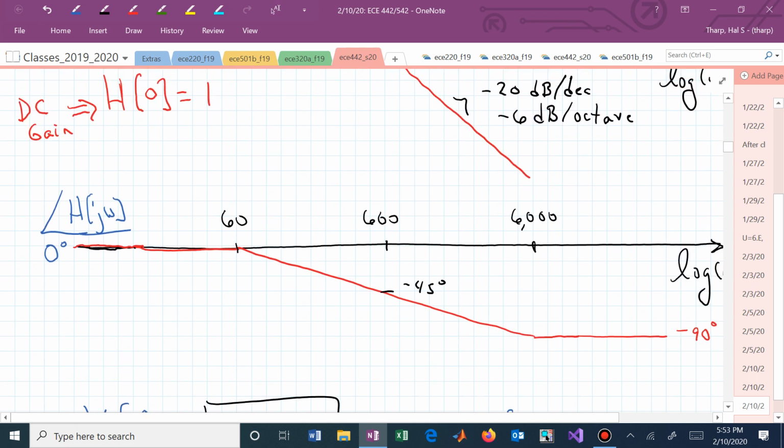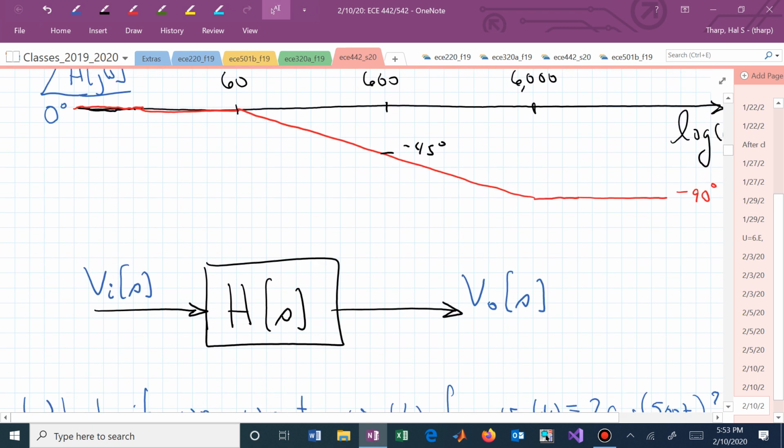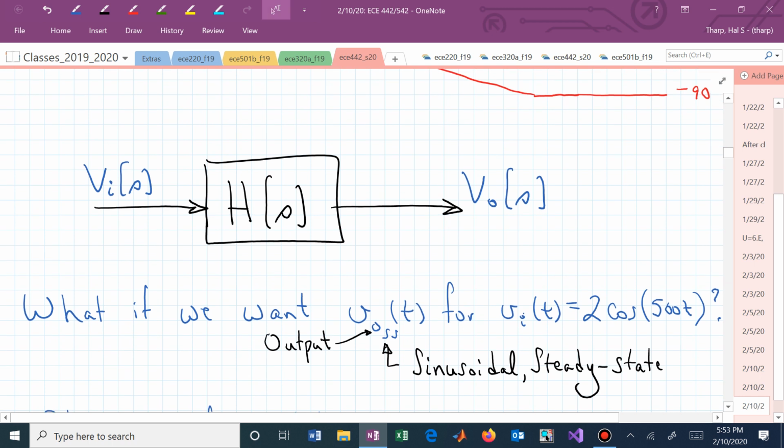If we now walk up and shake the system, it's a linear system. Suppose we now shake it at 500 what? What are the units on 500? That's radians per second, isn't it?